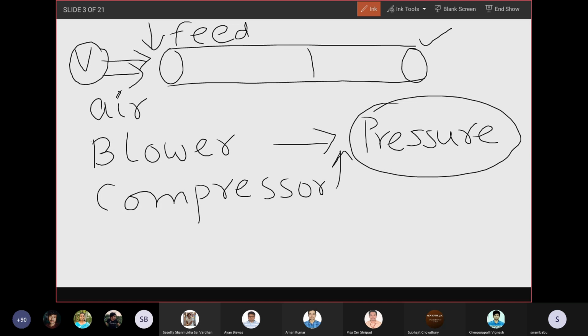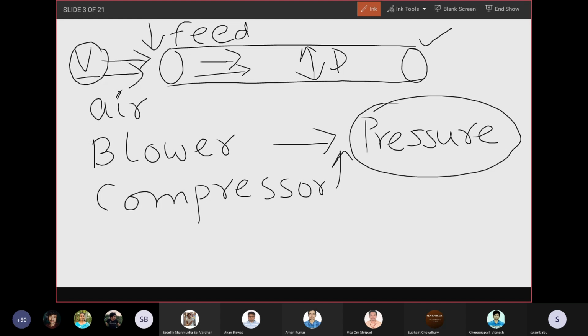So when you want to design a pneumatic conveyor, you need the pipe size, the diameter of the pipe, and the velocity with which we are sending the air. Another important thing is, as the fluid flows in the pipeline, what will happen?